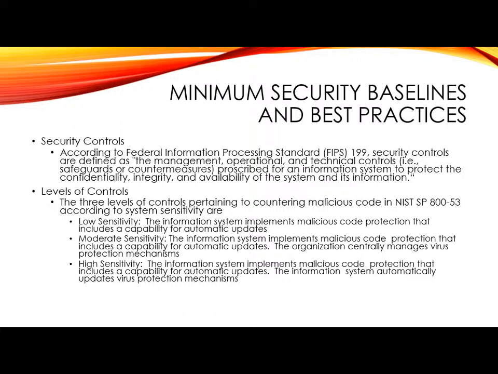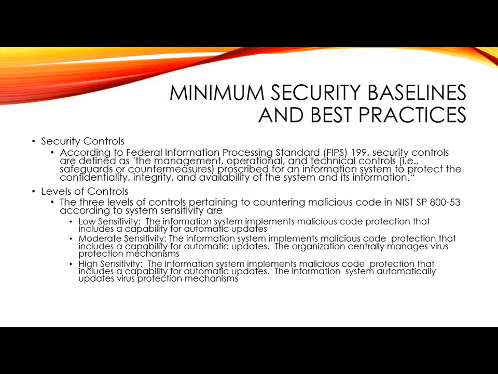There are 3 different levels of sensitivity of controls. You have a high, medium, and a low. Low just means basically I can look at the system, it'll protect me against malicious code, and I have automatic updates, okay? Pretty basic, low-level, interim, or junior level technician kind of stuff.